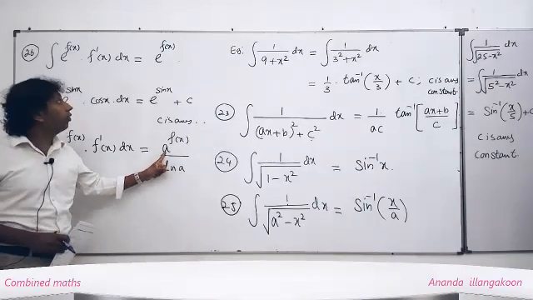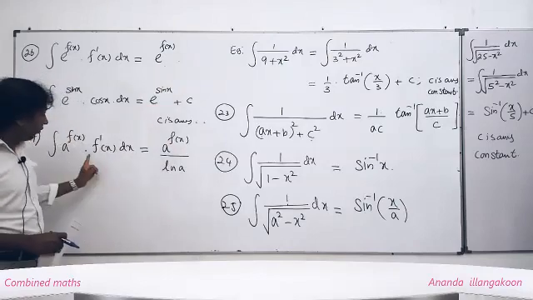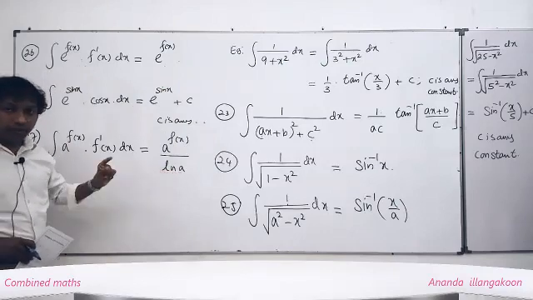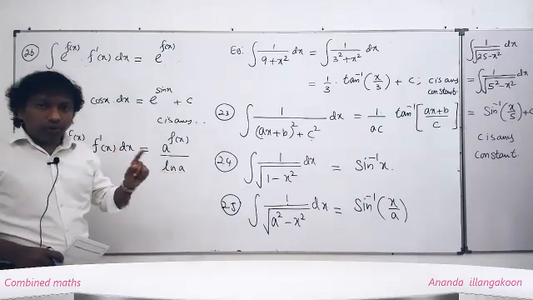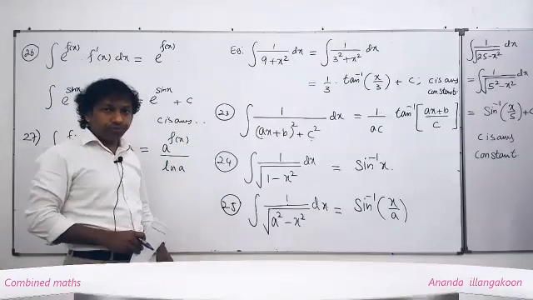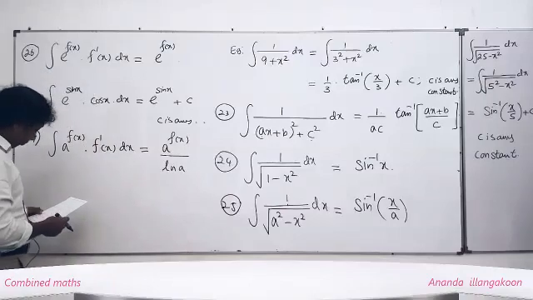Then we get the result e to the power f(x). By this result you can obtain this also. ln means log to the base e, no? Log e to the base e equals 1. So therefore, by this we can take this.